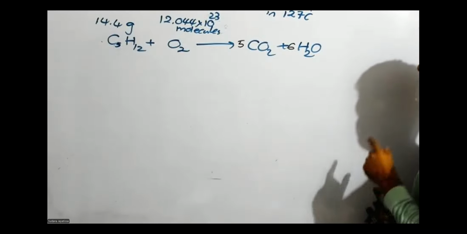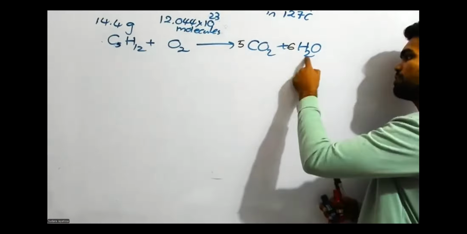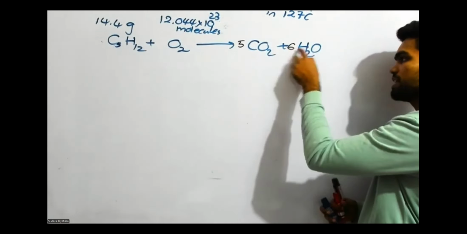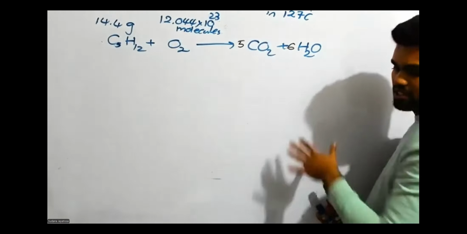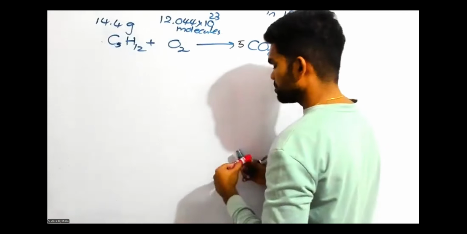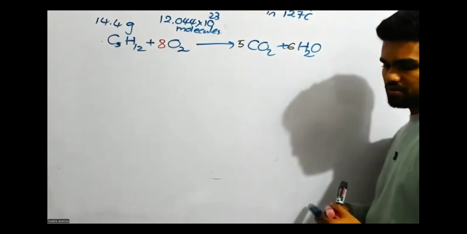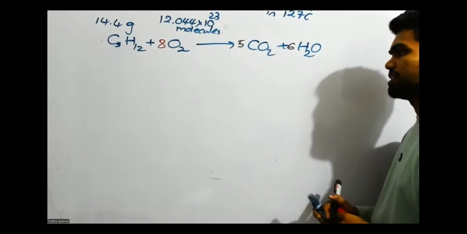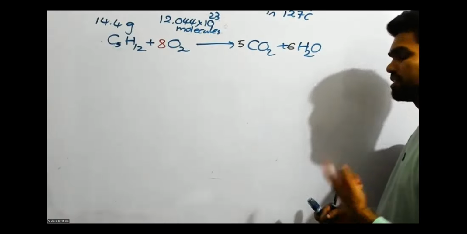To prepare 6 water molecules and 5 carbon dioxide, you need how many oxygen atoms? Here you need 6, and here you need 5 into 2, 10. 16 oxygen atoms are needed, so that means 8 O2, 8 oxygen molecules. So C5H12, 8 O2, 5 CO2, and 6 H2O.